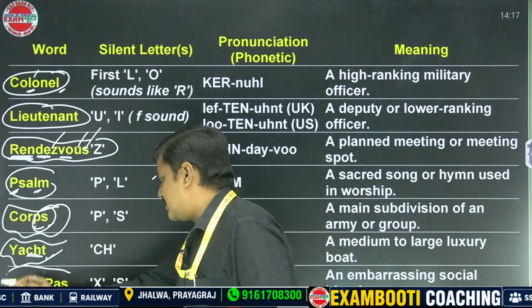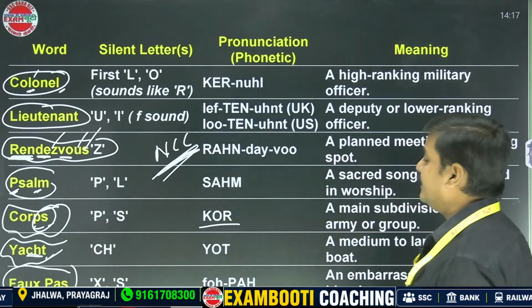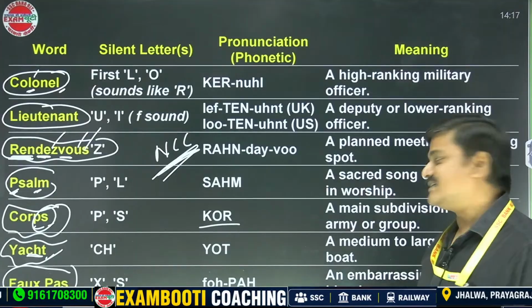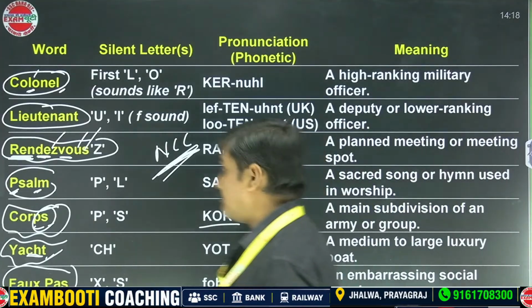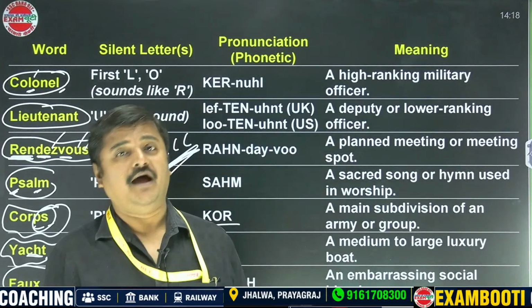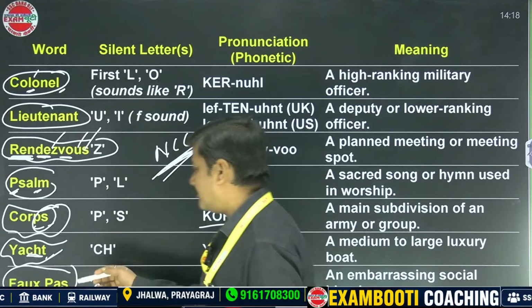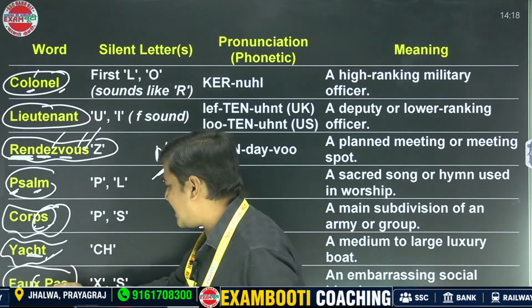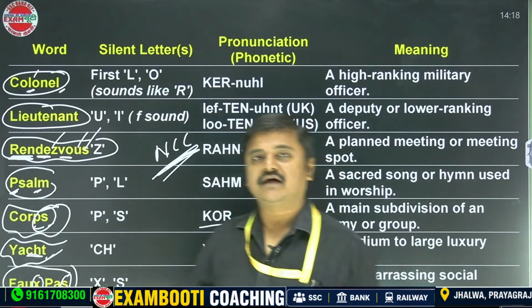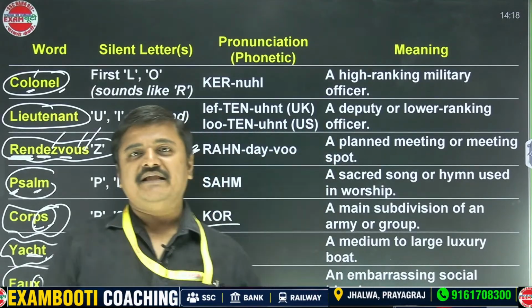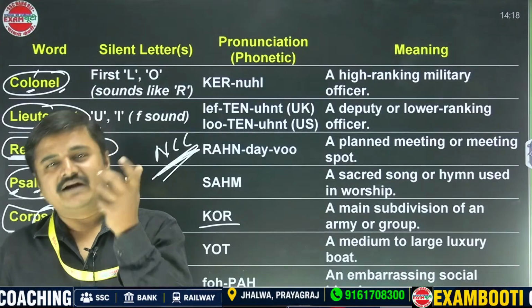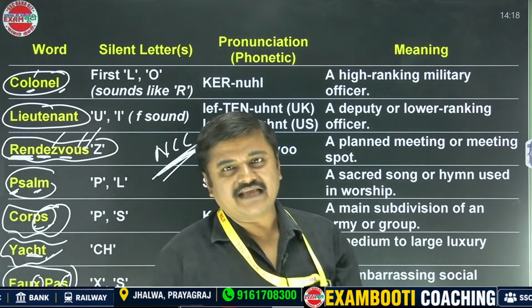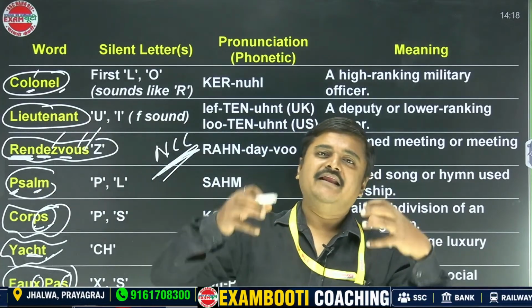This is a very interesting word. This is not fox pass. This is faux pas. X is silent here and S is also silent there. You may call it two words, but actually they remain together.